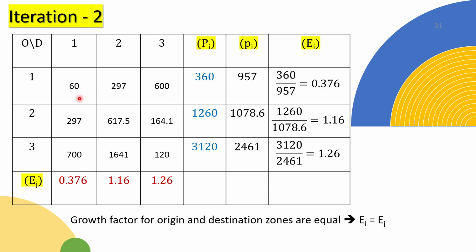So here the present trip is 60 plus 297 plus 600, which is 957. 297 plus 617.5 plus 164.1, which is 1078.6, and so on. Then find out the growth factor. Growth factor is future trip divided by present trip.